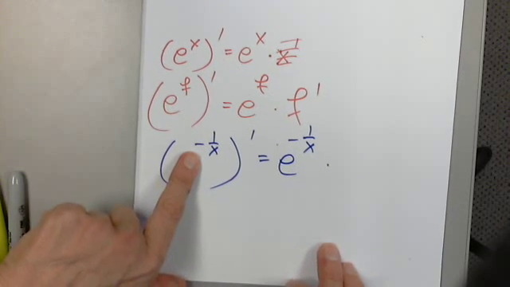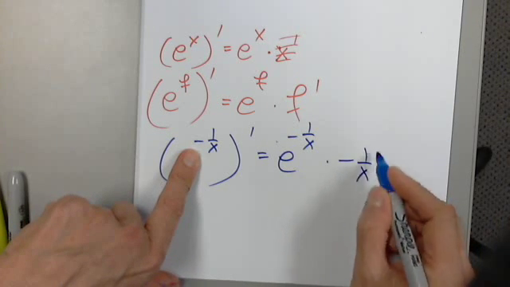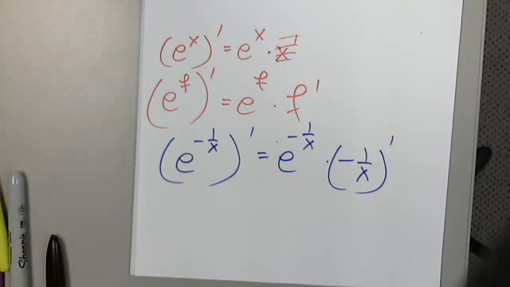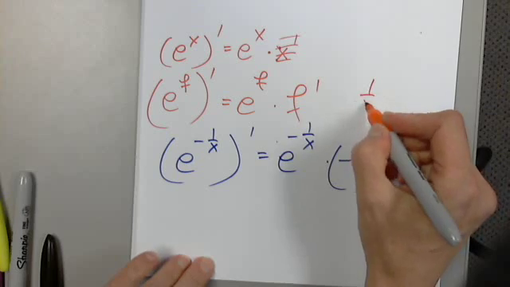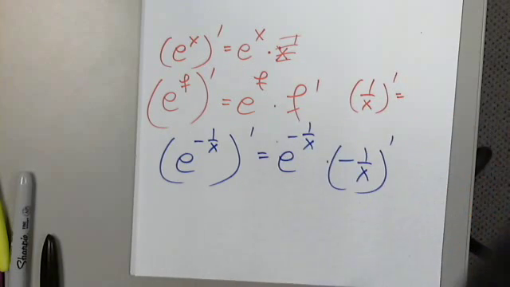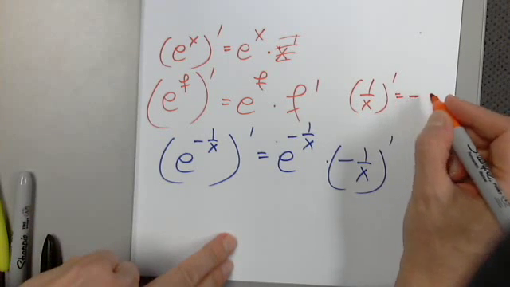Let's write it first for everyone to see, and then we'll determine it. Very good. In the past, we said, let's commit to memory, not the negative 1 over x, but commit to memory 1 over x prime. What did we say? 1 over. With negative. Negative 1 over.